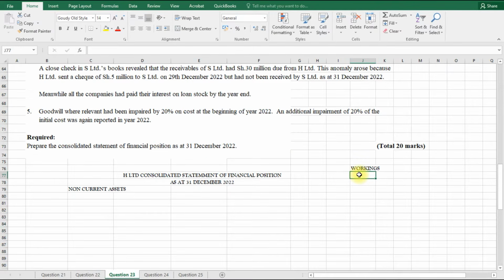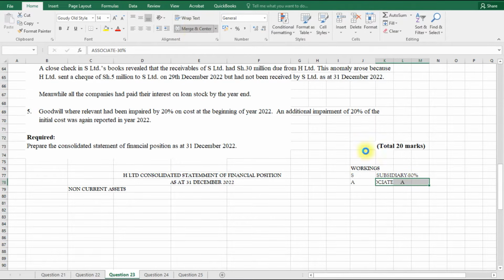So to look at the group structure, S is our subsidiary, and A is our associate, because this one is 30%, and for the subsidiary, this one is 80%, which is our subsidiary.